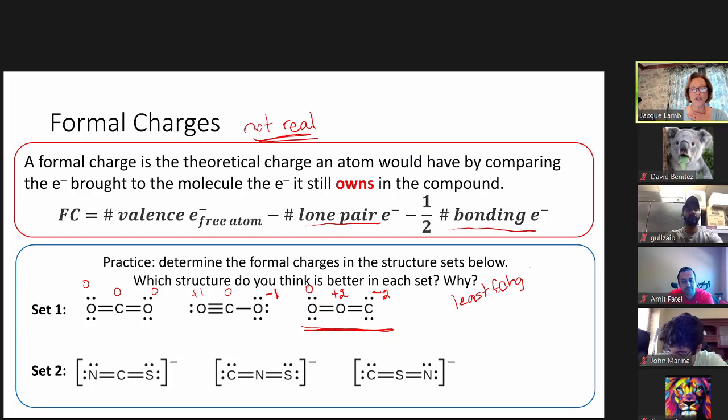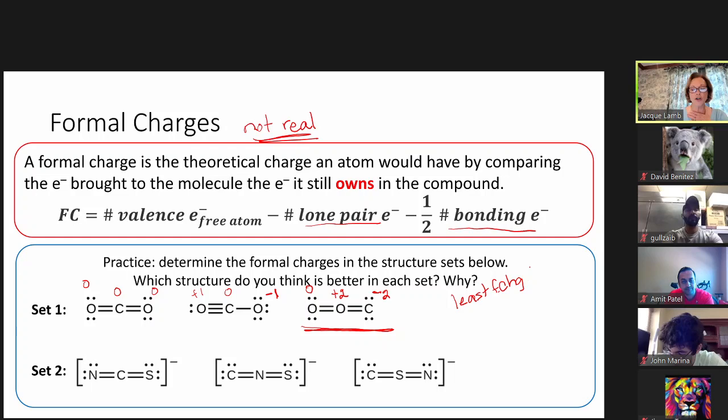Nitrogen brings 5, and in this case, we have to subtract 6, 2 for each lone pair, half of each bonding pair. So it's 5 minus 6 for a -1 formal charge. And sulfur came with 6, and we're subtracting 2, 4, and half of each bonding pair. So this has a formal charge of 0 as well.